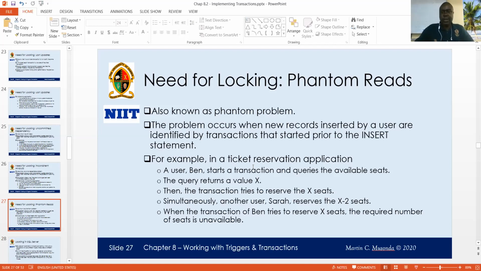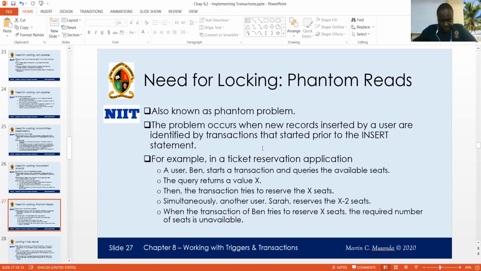We're talking about something that is not real, or something that appears, but it's not really there. So the problem occurs when new records inserted by a user are identified by transactions that start prior to the insert statement.